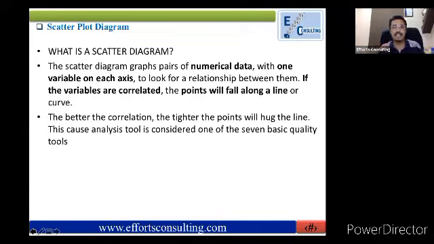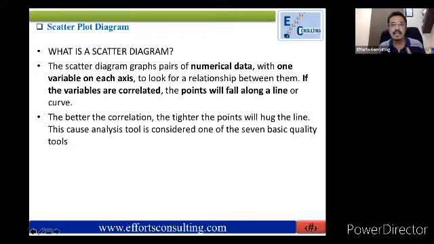And if I take the example of a negative relationship, as my age increases, my strength decreases. So there is of course a relation, but it is a negative relationship, right? There could be any kind of relationship. Through a scatter plot, we can understand whether my result is depending on the variable I have chosen for analysis, how much it is impacting, and whether it is positively or negatively impacting.